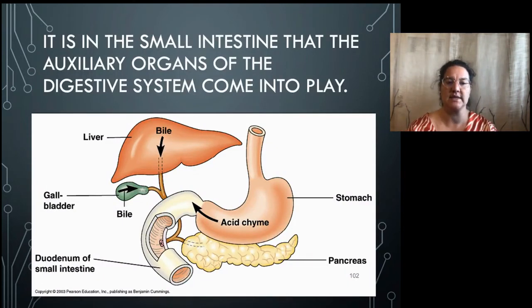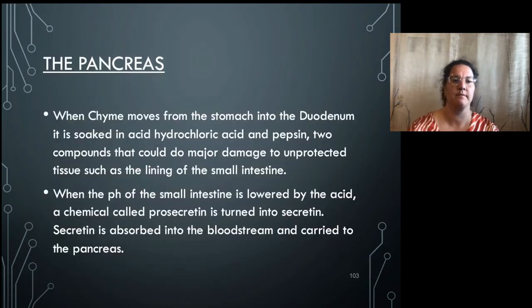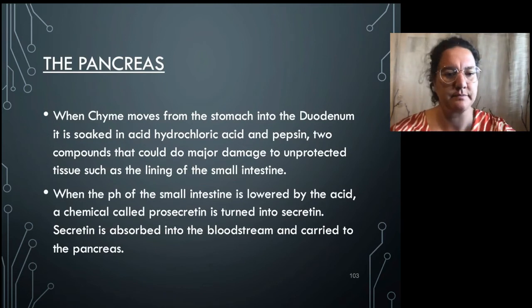So in the small intestine, this is where those auxiliary organs, the liver, gallbladder, and pancreas, also come into play in our digestive system. So the role of the pancreas is twofold. One of them is that it adds sodium bicarbonate to the hydrochloric acid in the chyme to neutralize the pH of the chyme as it moves from the stomach into the small intestine.